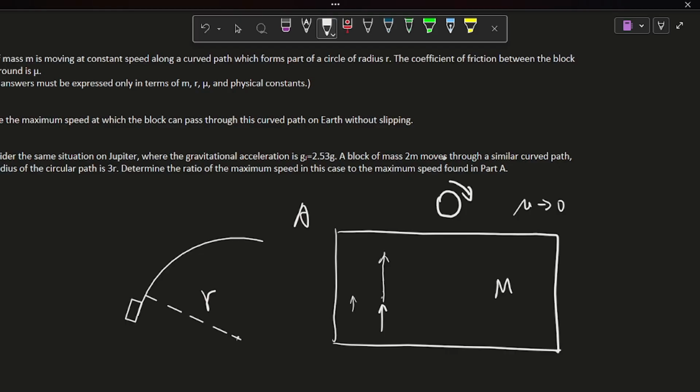So in this situation, there will not be a circular motion, right? Because your car is just moving forward, and there are only two forces that act on it, which are the normal force and the gravitational force.